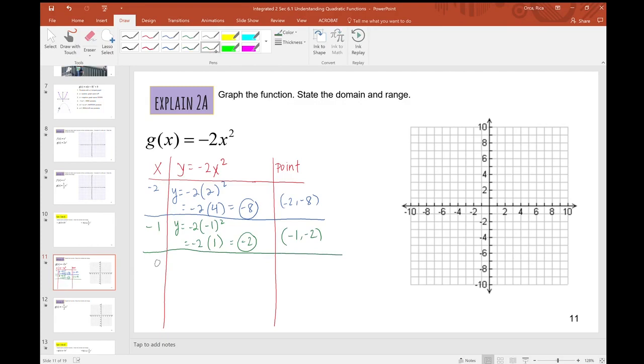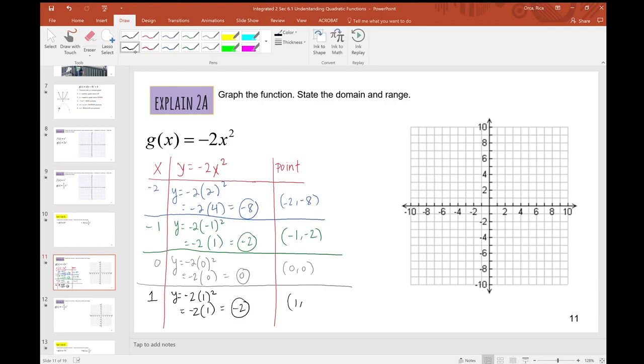When x equals 0, y will equal negative 2 times 0 squared. That's negative 2 times 0, which gives us 0. Our third point is 0 comma 0. When x equals 1, y will equal negative 2 times 1 squared, which is negative 2 times 1, and that's going to give us negative 2.